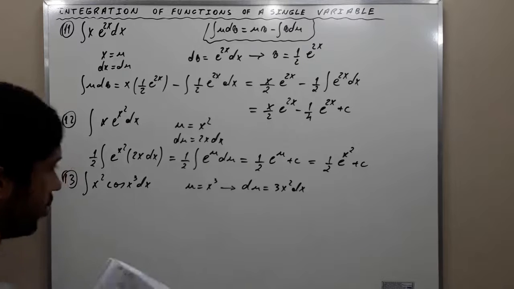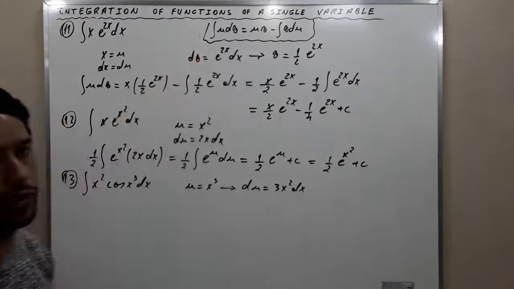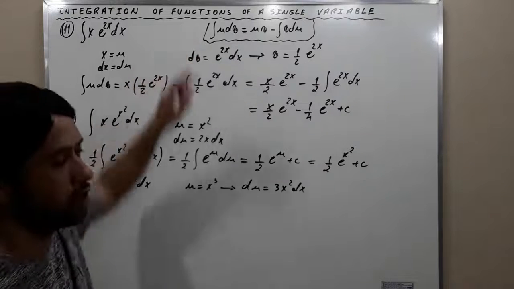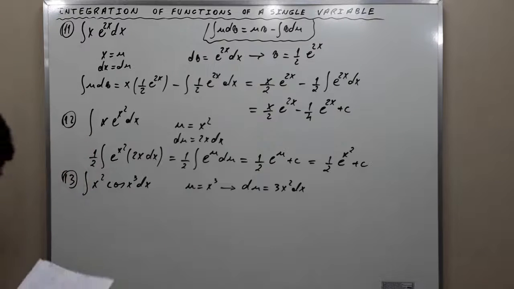No, sorry, I am not going to use this technique here. We're going to use simple u substitution. This is not that technique, sorry. It's simple u substitution, as you're going to see.